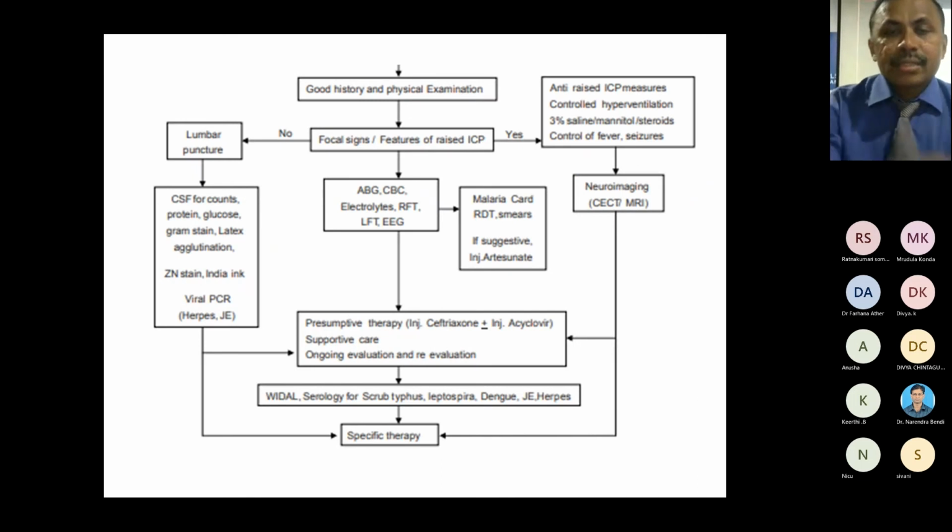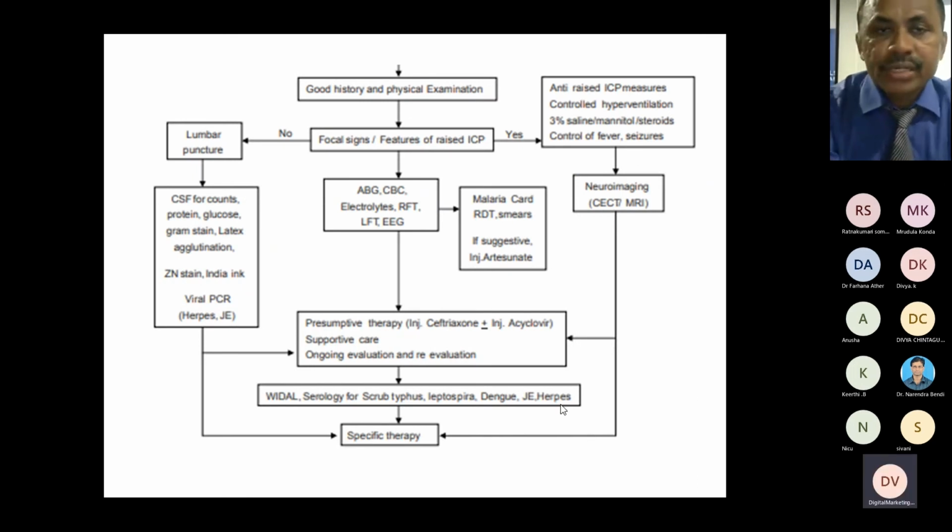And then the continuum of this flow chart is you take a good history and physical examination. And if there are signs of focal neurological deficits or increased intracranial pressure, you would take the patient to one limb of this flow chart.